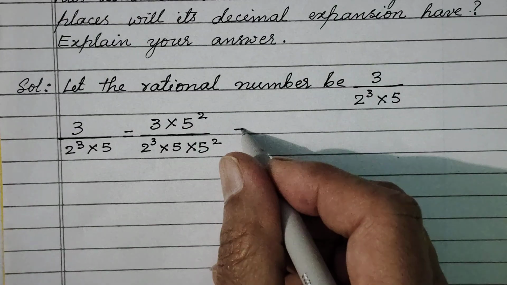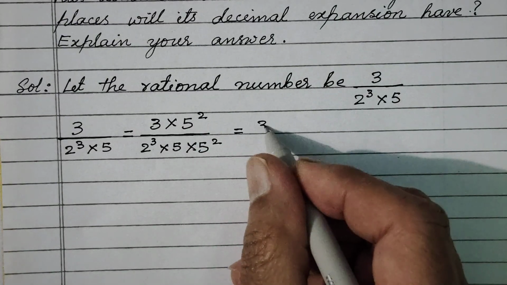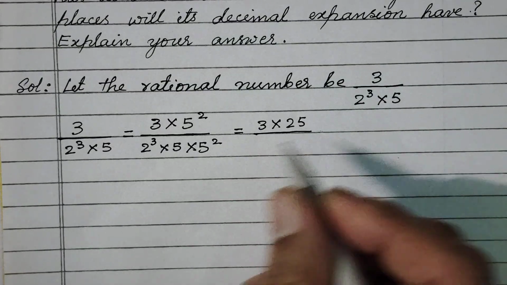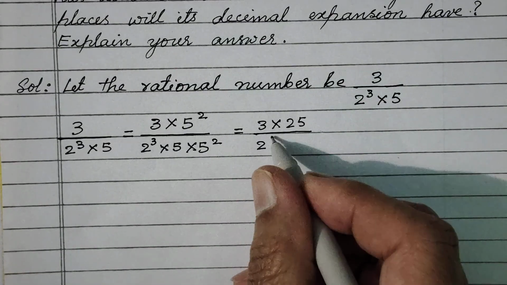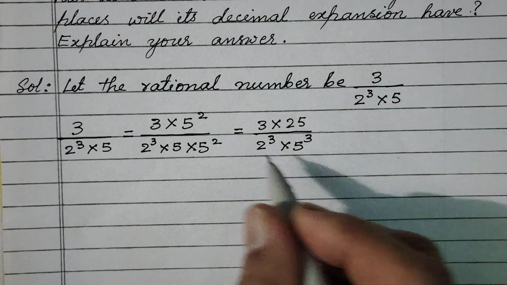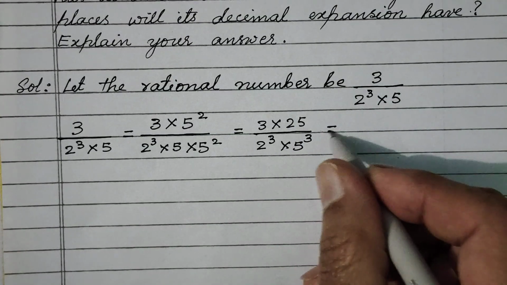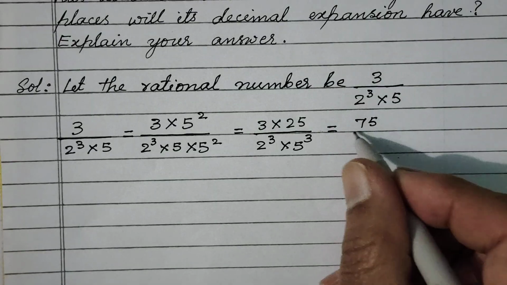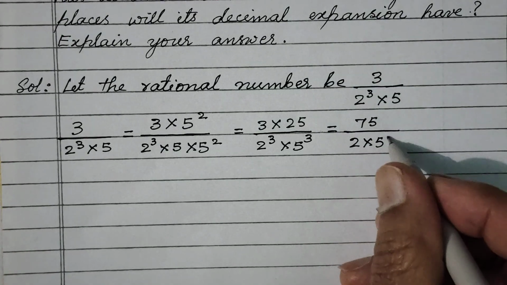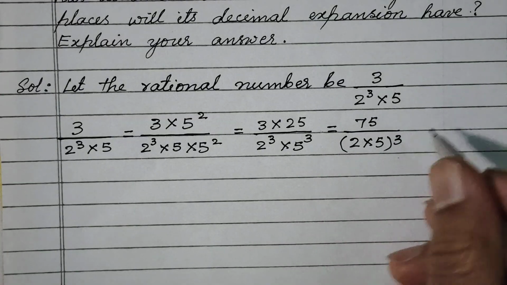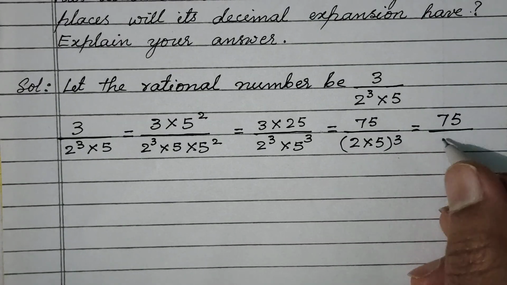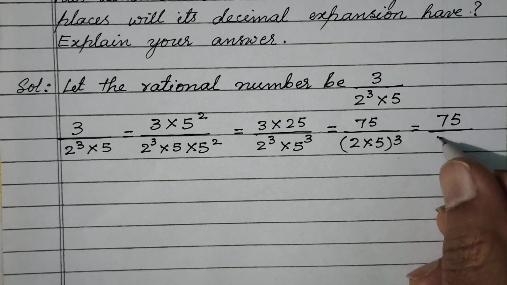So what I will get, 3 into 25 by 2 cube into 5 cube. You can see here, then what we will get, 75 by 2 into 5 whole cube. That's equal to 75 by 10 cube.